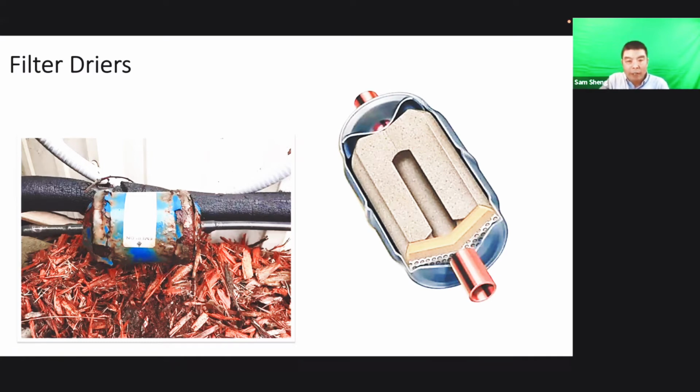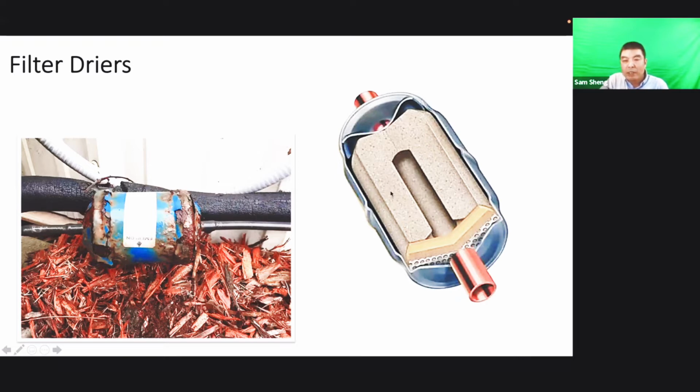If we use the filter dryer, it will remove the water vapor inside the pipe. So that keeps the system running better. Yeah, so this filter dryer is just like this. In fact, when we open the filter dryer, it looks like a brick, but it's lots of small particles.